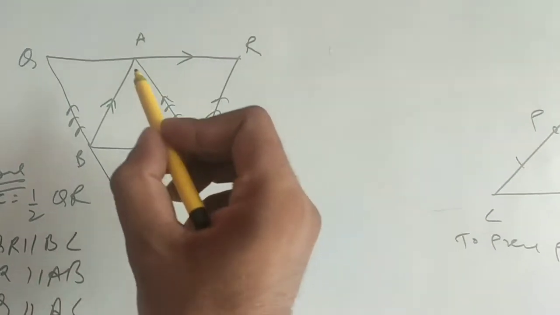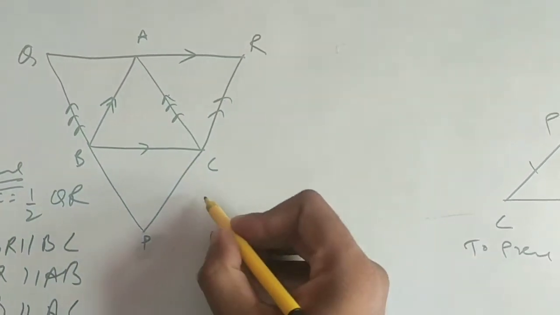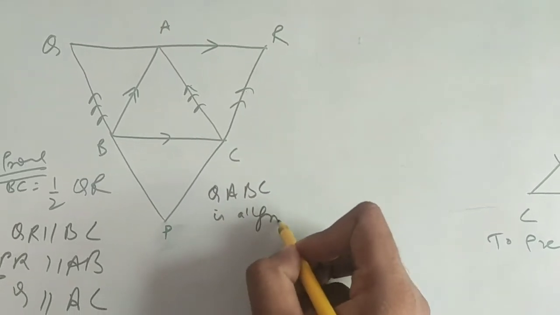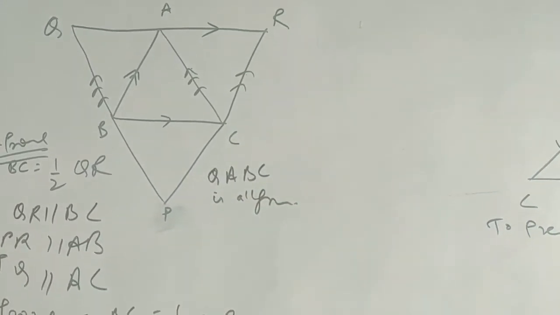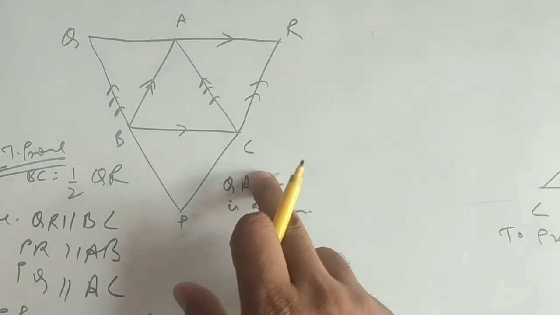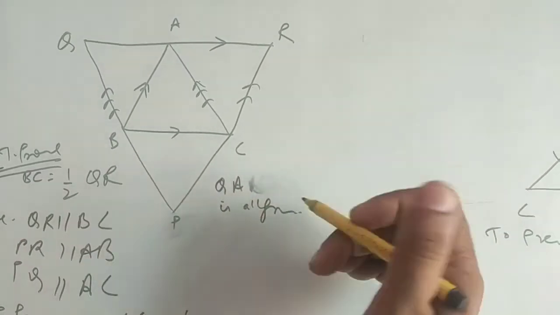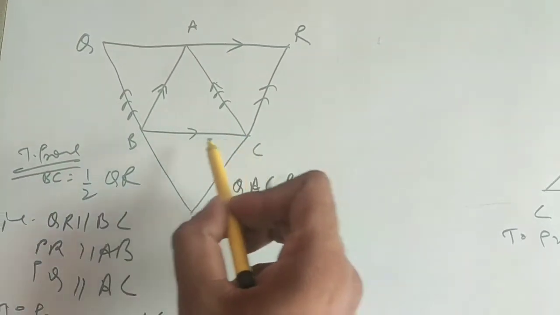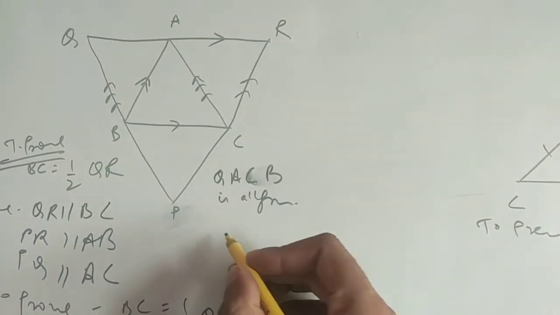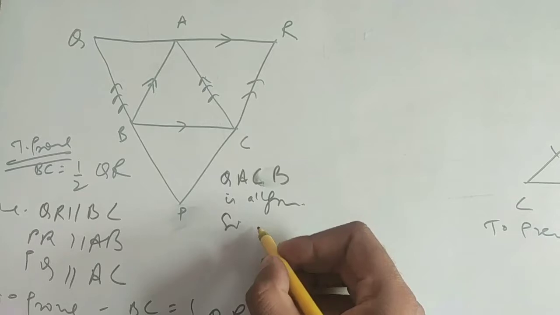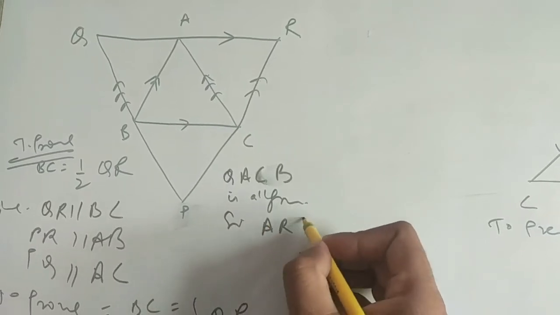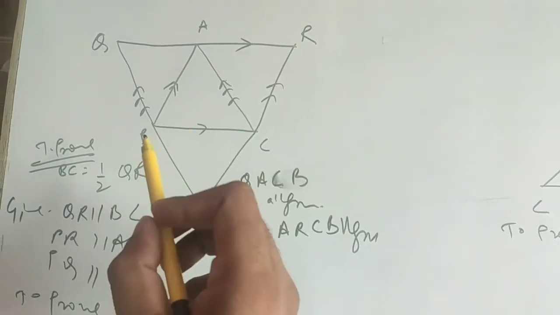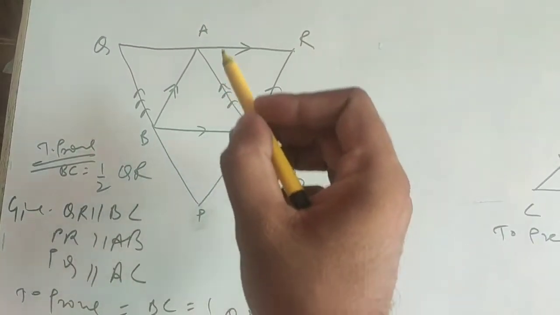So therefore we can say that QACB is a parallelogram. Similarly, we can say ARCB is a parallelogram, since AR is parallel to BC and RC is parallel to AB.